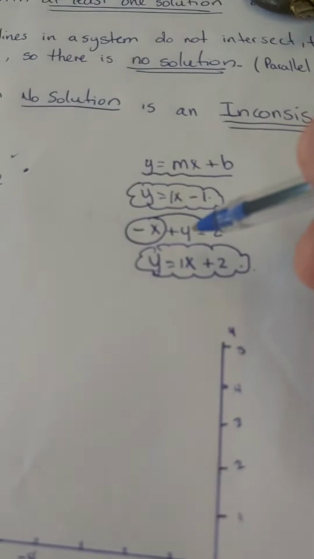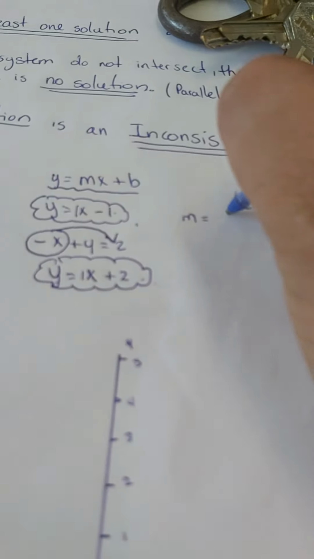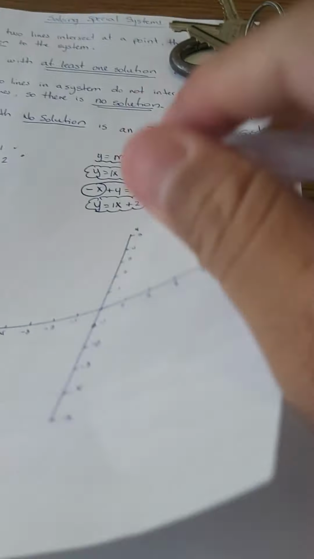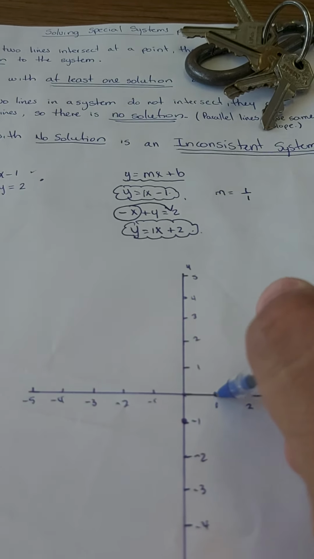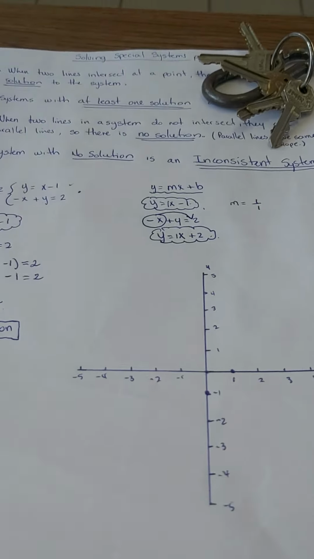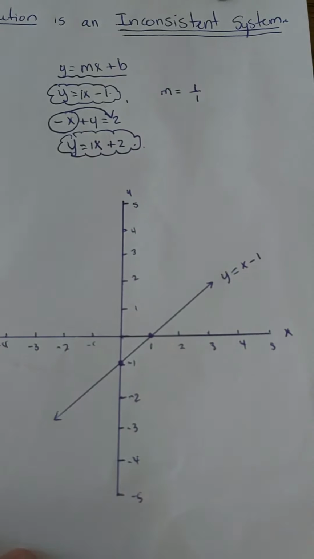The slope is 1, that means m equals 1 over 1. So that means 1 up, 1 to the right. This will be our second point. And now we graph the line. So there we have the line.